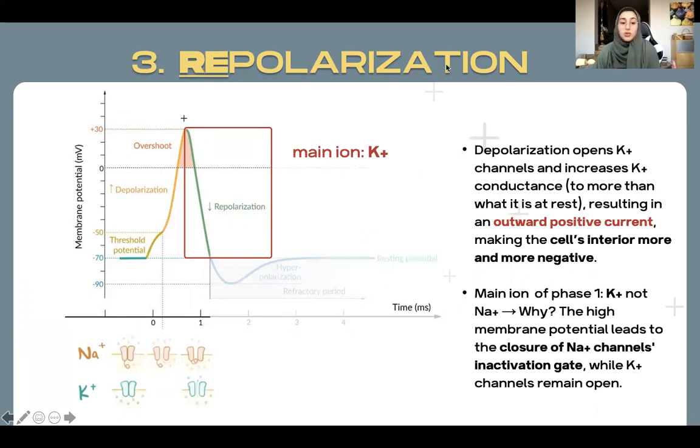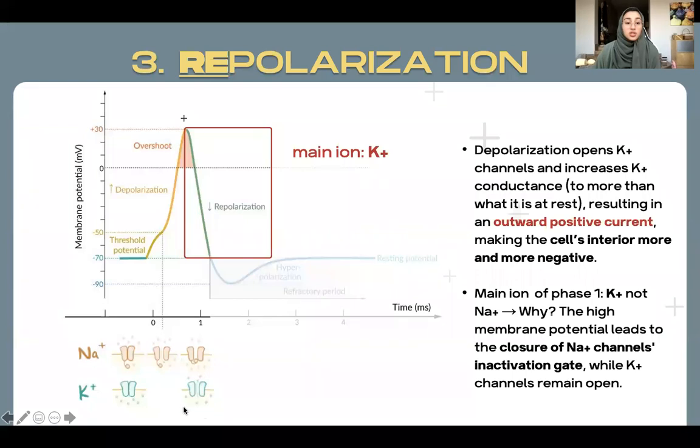Okay, and so what happens is at this point, we said the inactivation gates of sodium channels closed. Okay, we have the opening of the voltage gated potassium channels.